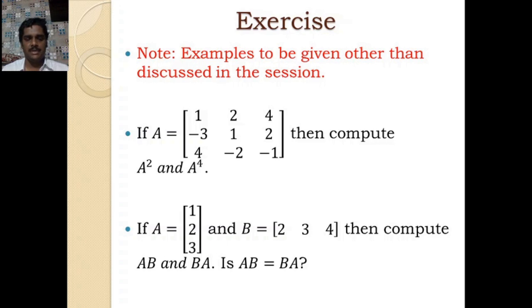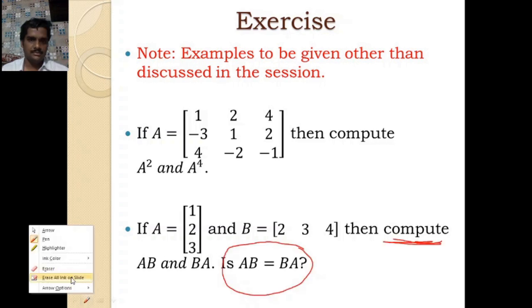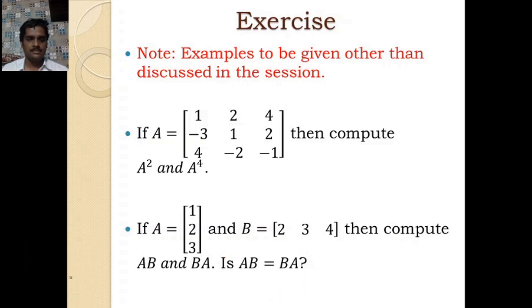So here is problem 1, problem 2. Here I would like to discuss problem number 2 a little bit. I am going to answer this question: is AB equal to BA? Without computing, I can tell you whether AB equals BA or not.